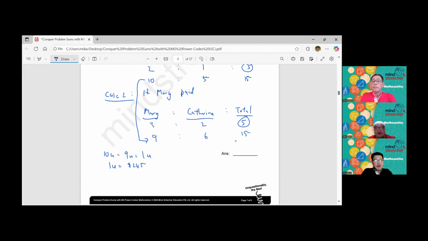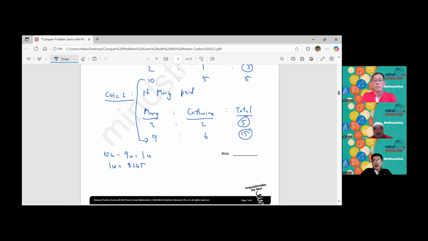Okay. So now the question is asking how much money do both girls have altogether? So we know that both girls, in total they have got 15 units. But this 15 units here is actually after they spend 1 unit paying for the bag.